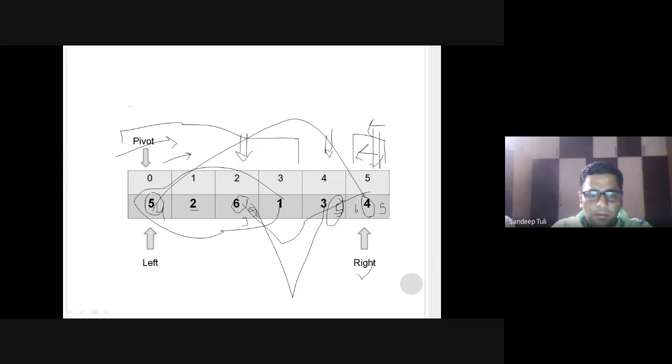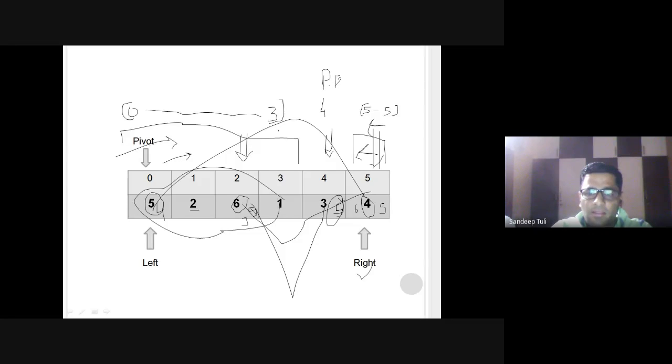Let me repeat: index number 0 to index number 3 is the left part, and index number 5 to index number 5 is the right part. Because the element at the fourth index is now at its position, we have found the pivot element position.